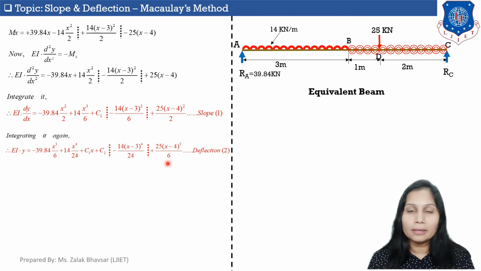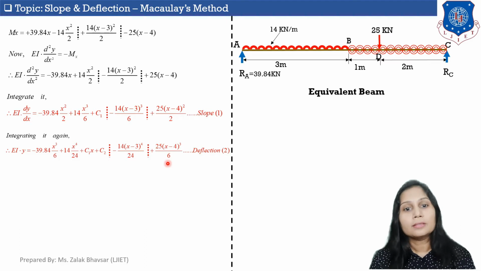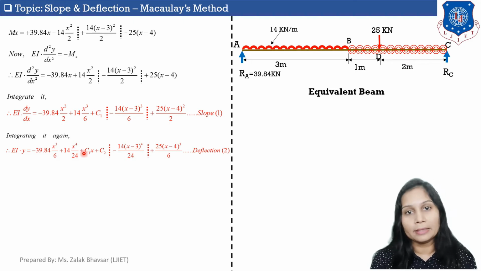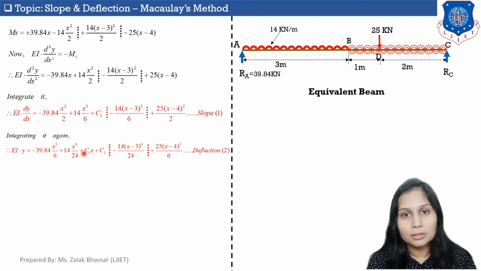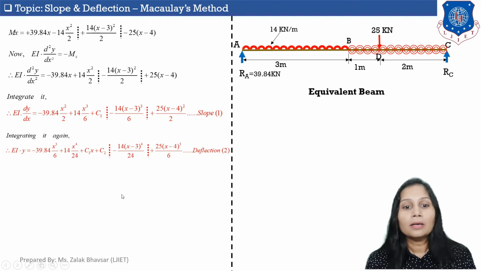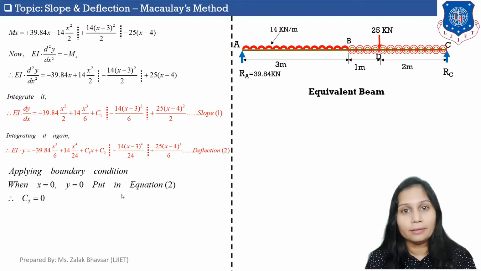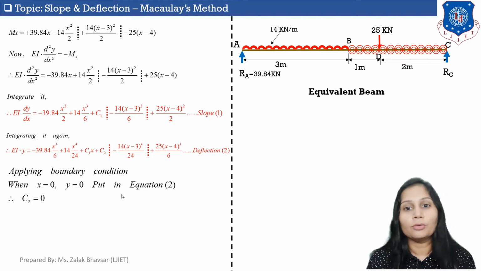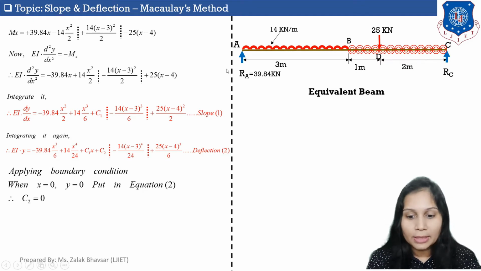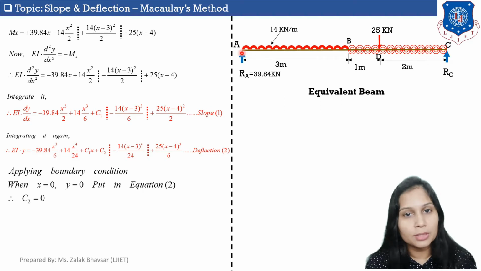So we are done with the third step of our calculation. Now in step number 4 we will apply boundary conditions to calculate the values of C1 and C2, which are integration constants. In a simply supported beam we know that at both ends the deflections are 0. So if x is equal to 0, deflection is equal to 0.